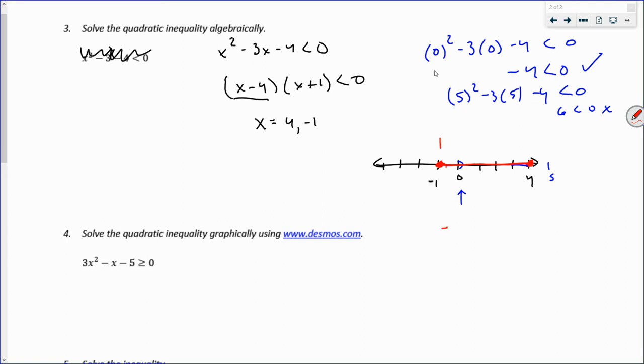And you guys know this, right? It should be an open dot at negative 1 and 4, right? Because of this being an open dot. So what we're really writing as our solution is a compound inequality that represents that, right?